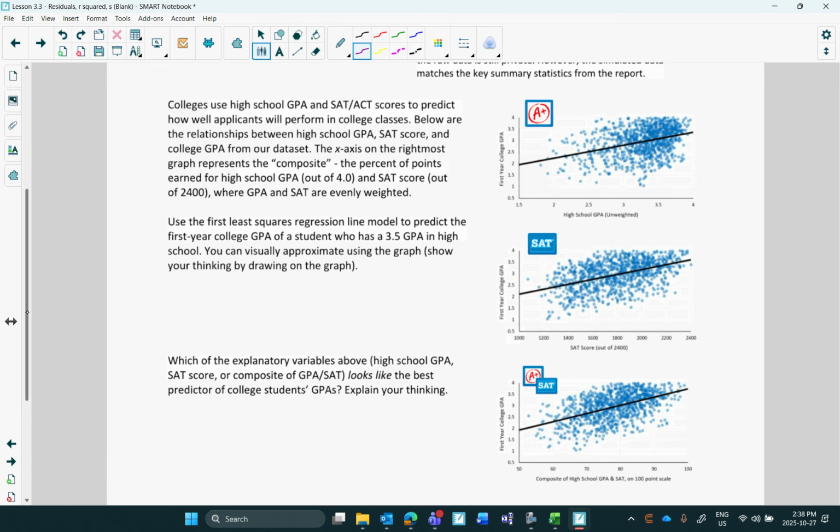Just so you have an idea of how to use this graph: use the first one to predict the first year college GPA of a student who has a 3.5 GPA in high school. Well, obviously the most accurate answer would be if we had an equation, but we don't. So that's when we go to the graph. So 3.5 looks like about what?